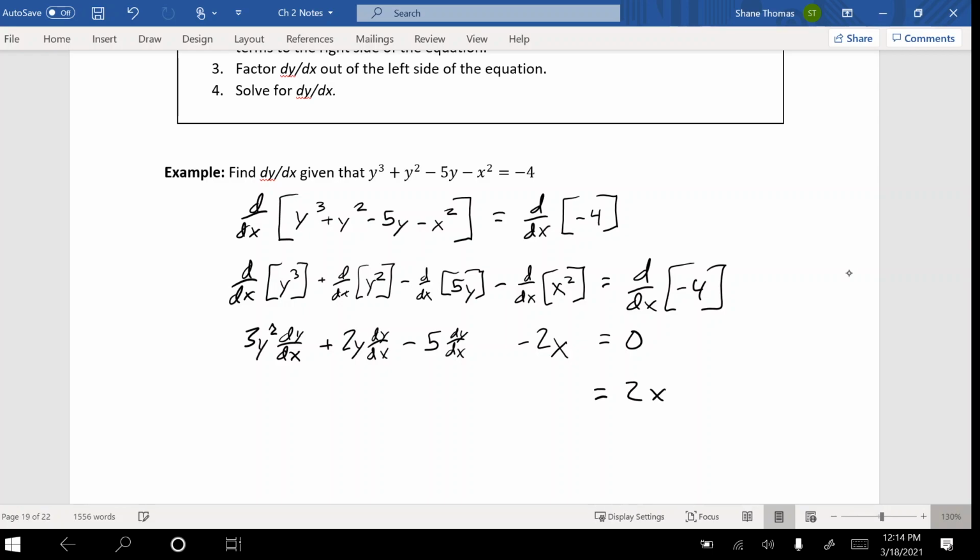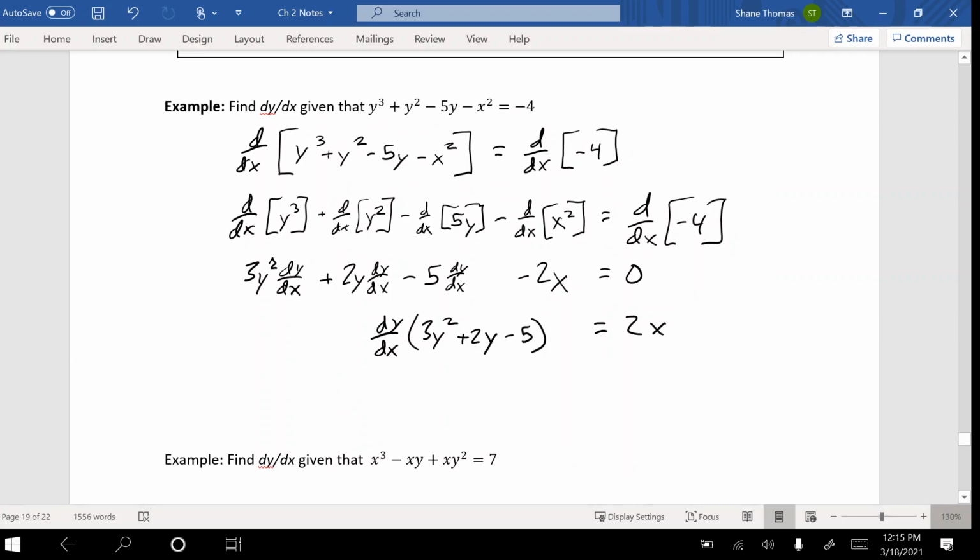So I'm going to have 2x on the right. Now on the left side, every single term has dy dx, correct? All right, so let's factor it out. dy dx. That's going to leave me then with 3y squared plus 2y minus 5, and that's equal to 2x.